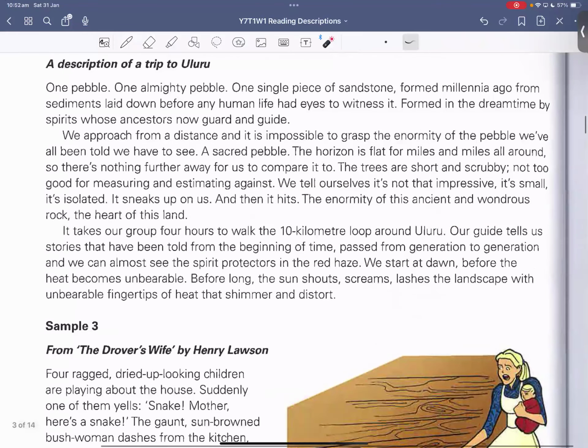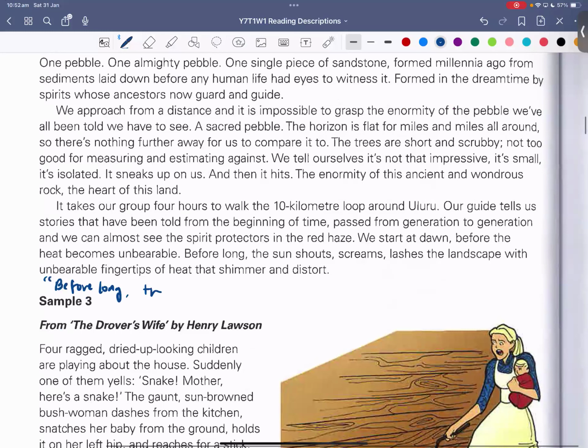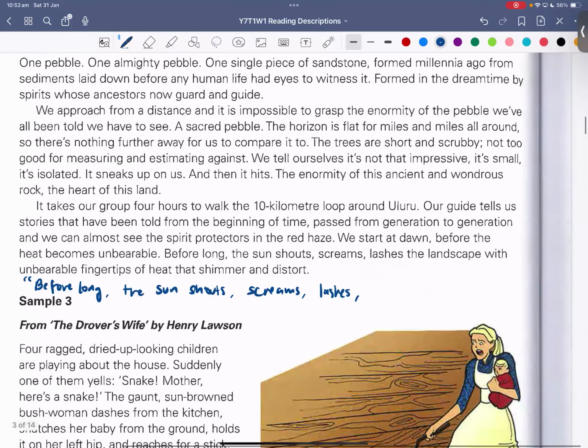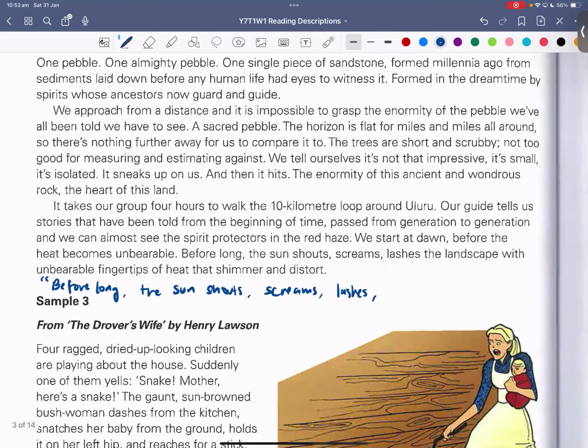Okay? So let's write that quote down. Does anyone see what techniques are in that quote? You can just call them out. Personification. What else? Hyperbole. Great. For those that don't know, hyperbole means exaggeration.